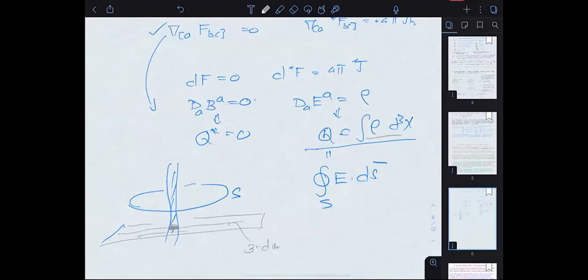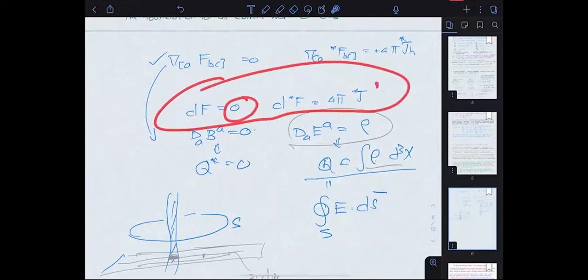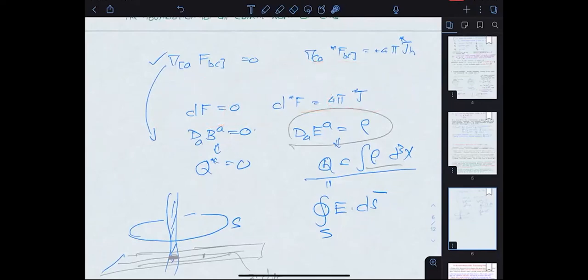I'll get the charge, and the two are equal to each other because of this equation here. Of course, outside the sources, it doesn't matter which surface you choose. So it is this asymmetry in Maxwell's equations. There is a 0 here and there is no 0 here, and that is why we have a problem.